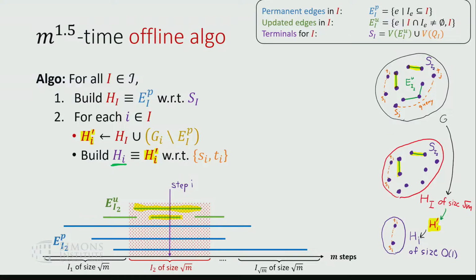You should think of this as a tree, and you add some edges, so it's not a tree anymore. So H_I prime is not a tree, and then you compress it to just one edge. Okay. So a lot of notation, but once we see the correctness proof, I hope you are convinced that this makes sense.